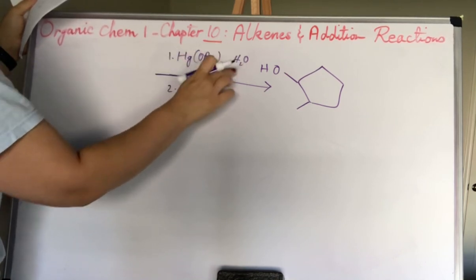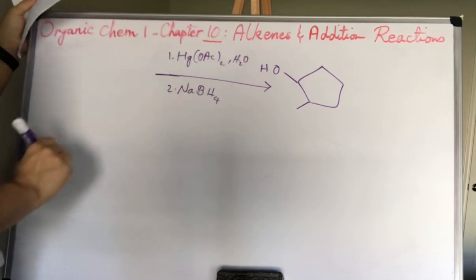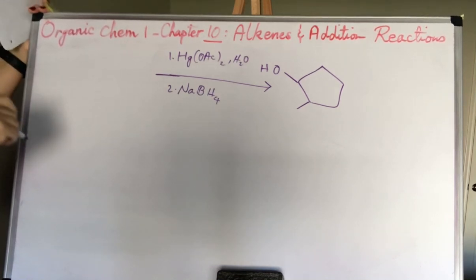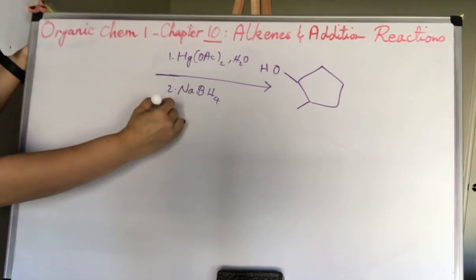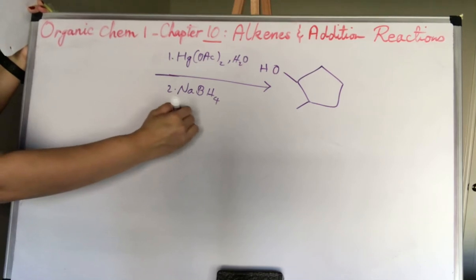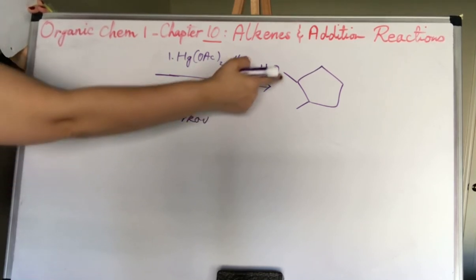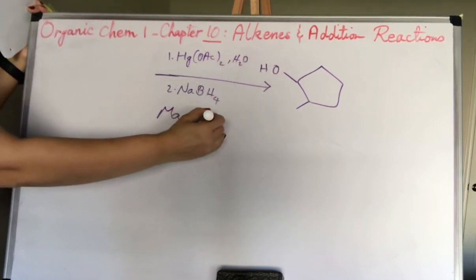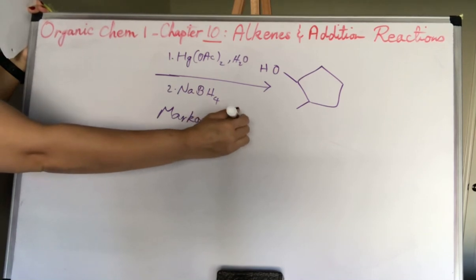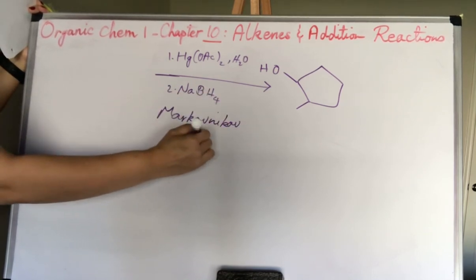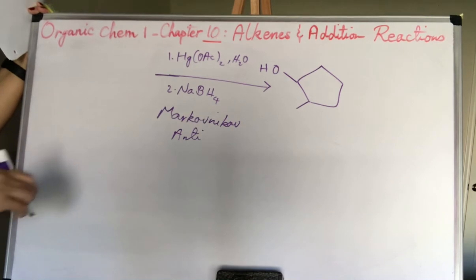If I'm making any mistake in any of the reagents, please check with the literature. So oxymercuration means it was Markovnikov. Obviously, we don't have the wedge and dash here, so we already know this is anti, but what is more important here is Markovnikov.